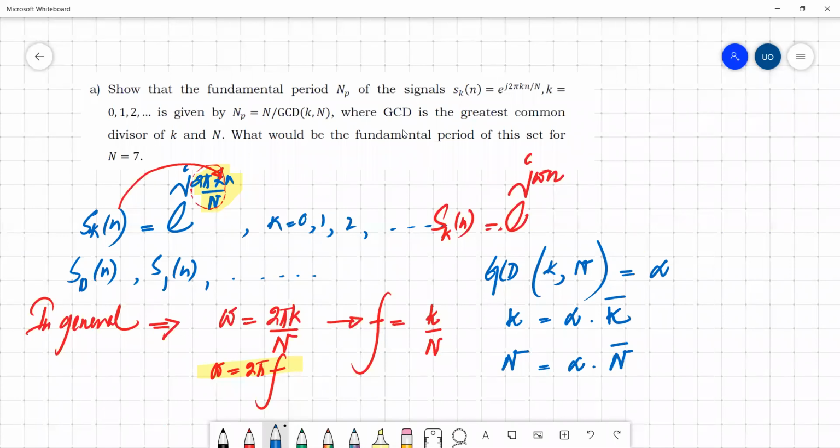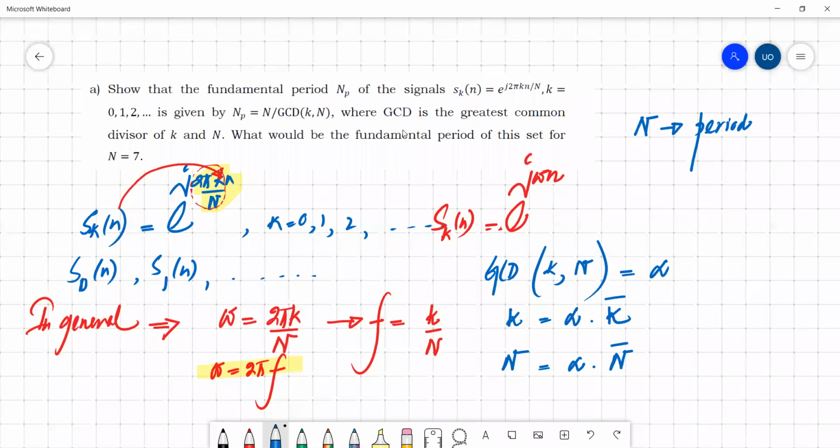If this is a discrete signal, we know that N is ideally the period of the signal. If you remember the definition, this capital N is ideally the period of the signal.